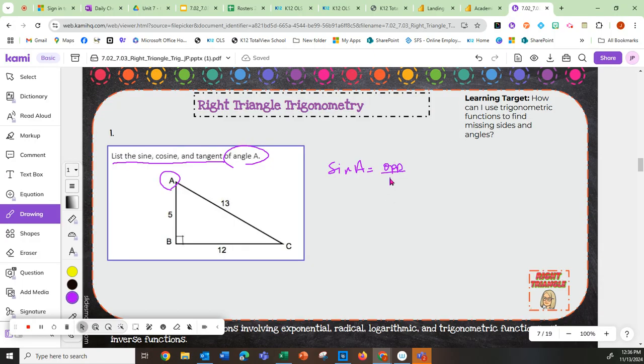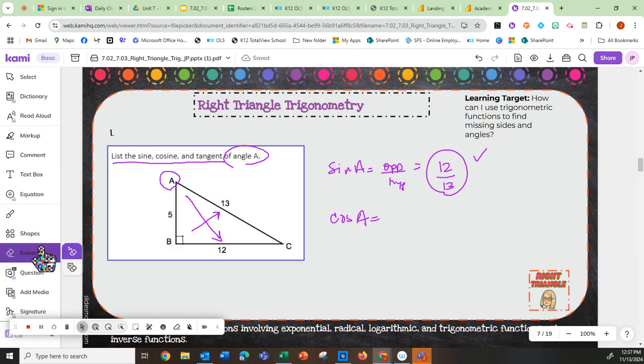The opposite of angle A is 12, over hypotenuse, which is always the side opposite the right angle, 13. Then you check to see if it will reduce, and 12 over 13 will not reduce. That's the answer. They don't want you to put anything in your calculator. A lot of students overthink this and try to put things in their calculator.